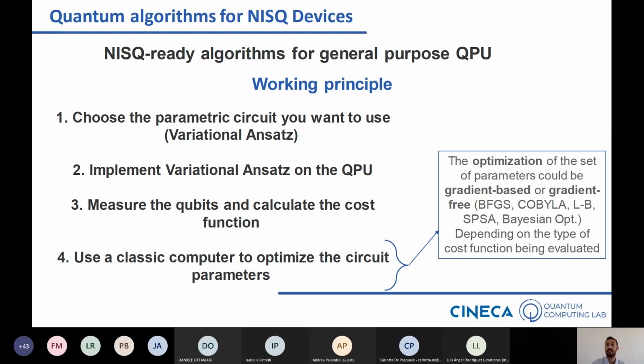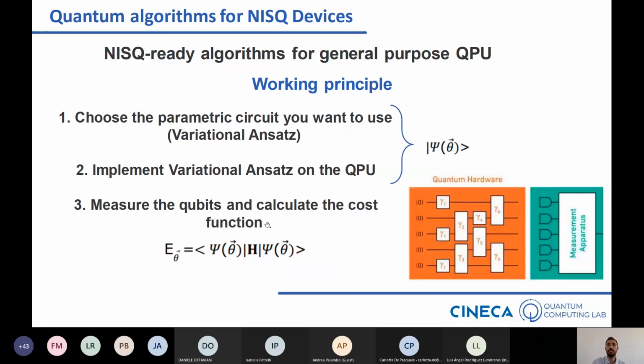If the function is like a single valley, you start from a point that is far from the minimum, and you do the descent. You go in the direction where the gradient is more negative. These are classical optimization.